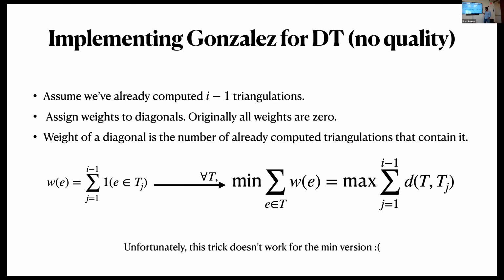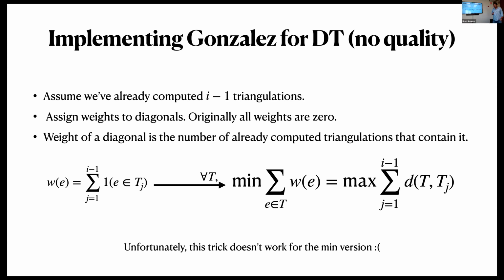Remember, in Gonzalez algorithm, we want to find the triangulation T that maximizes this, and it turns out that this is equivalent to minimizing the weight of the triangulation. So what have we done? We have reduced finding the farthest triangulation to a minimum weight triangulation problem.